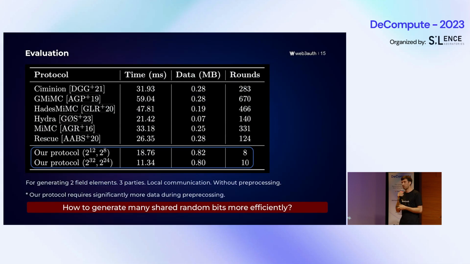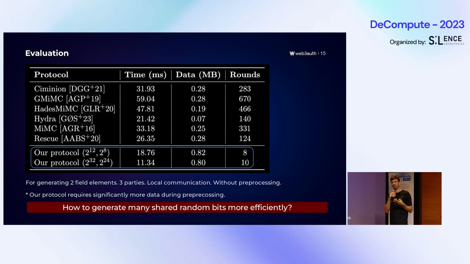We measured our implementation, which is done in the MP-SPICE framework using maliciously secure SHAMIR secret sharing as the base protocol. We can see that the previous works looking at distributed PRF protocols are more optimized towards communication complexity, and we outperform them in terms of round complexity by an order of magnitude.